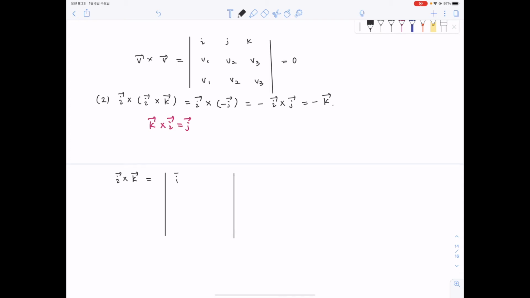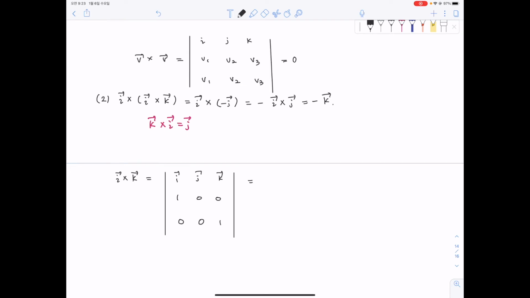It is i, j, k, and our first vector is i, so 1, 0, 0, and k is the second vector, so 0, 0, 1. So it is i times the determinant of (0 0; 0 1), minus j times the determinant of (1 0; 0 1), plus k times the determinant of (1 0; 0 0).